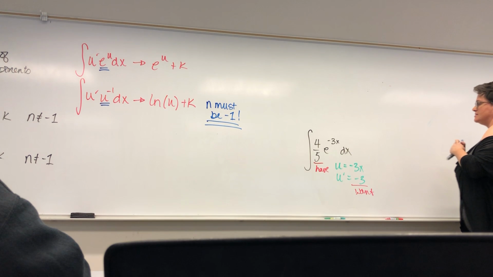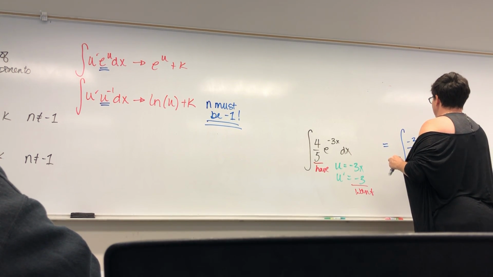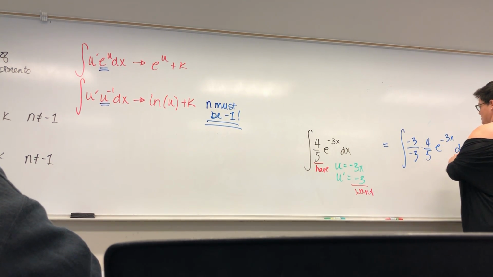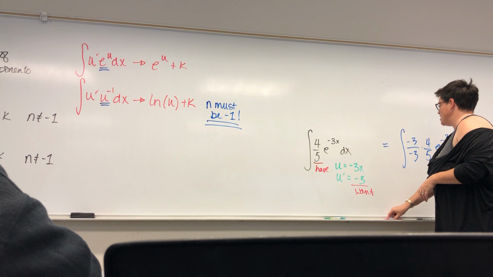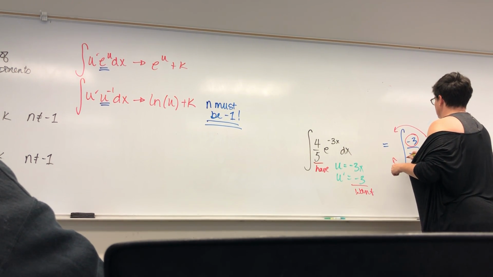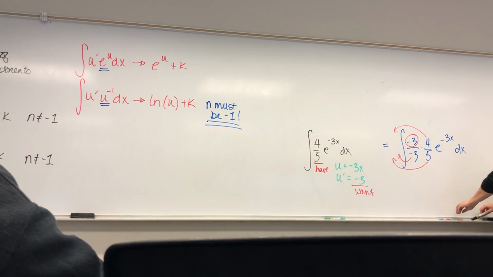Okay, so this would become negative 3 over negative 3 times 4/5 e to the negative 3x with respect to x. Keep what you want, kick out what you don't. So what's outside, guys?